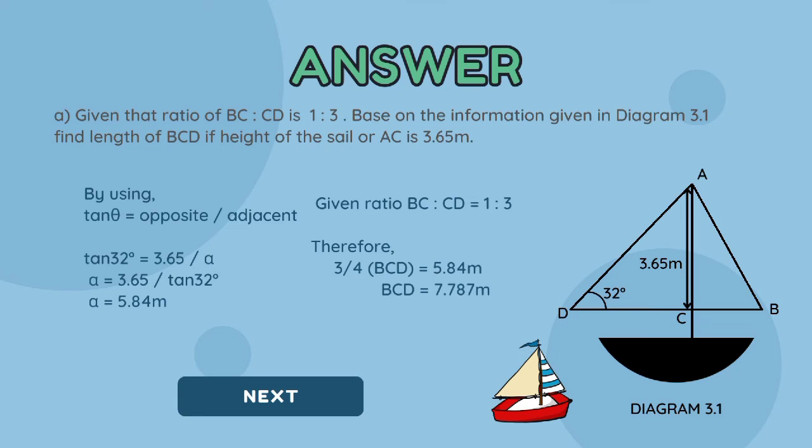Okay, we will be using tan theta equals opposite over adjacent. So, from the question, we will get tan 32 equals 3.65 over alpha. Alpha equals 3.65 over tan 32, which is 5.85.